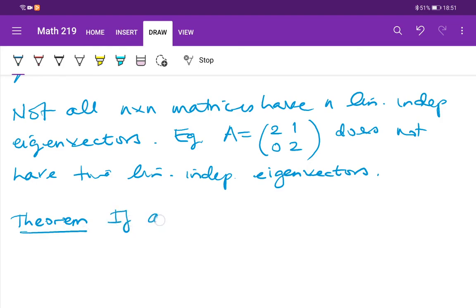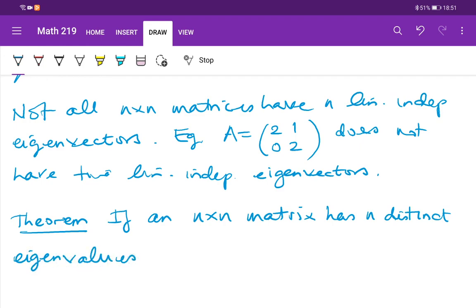If an n by n matrix has n distinct eigenvalues, lambda 1, lambda 2 up to lambda n, where distinct means that lambda i is not equal to lambda j if i is not equal to j, then corresponding to each eigenvalue there is at least one eigenvector.